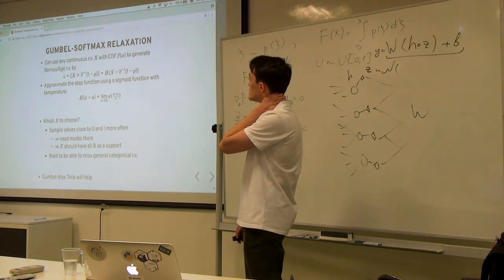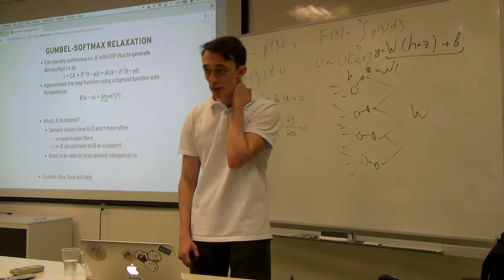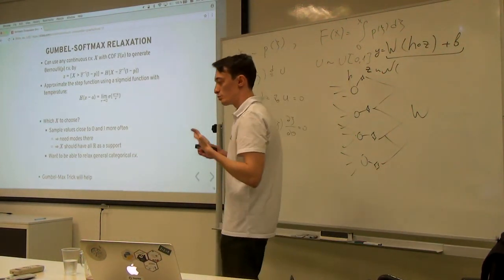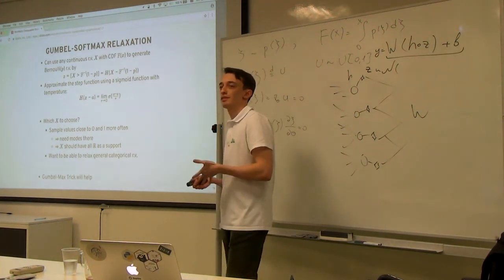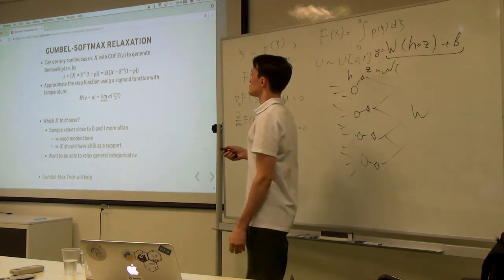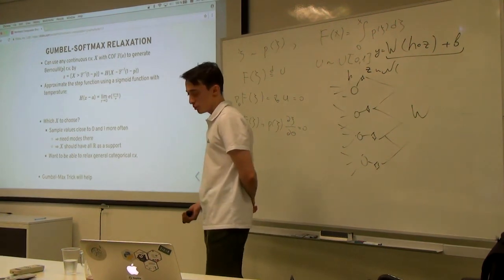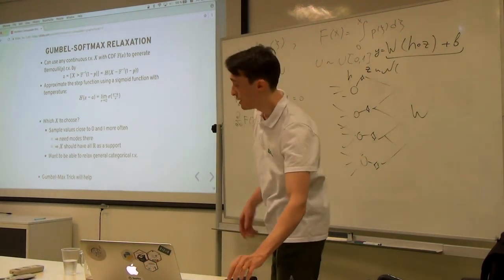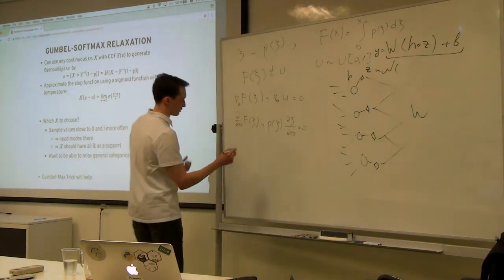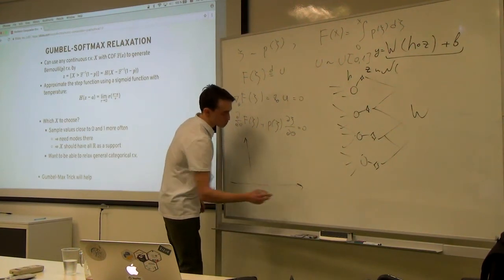Okay, another idea is the following. Let's think how we even get the Bernoulli samples, the discrete samples, and maybe we can relax this sampling and backpropagate the rate. Well, if you want to sample a Bernoulli random variable, what you can do is to take any distribution at all, continuous on some support.